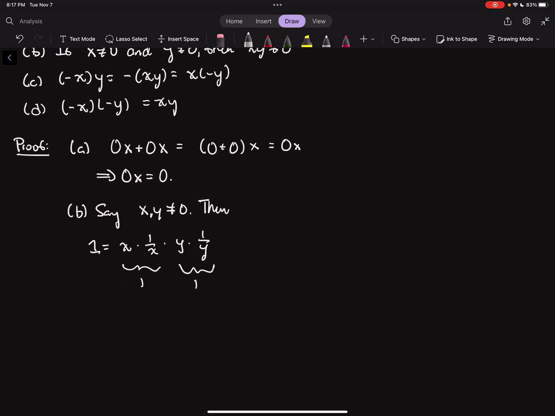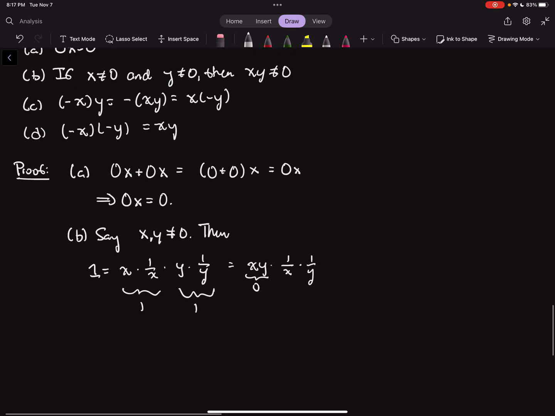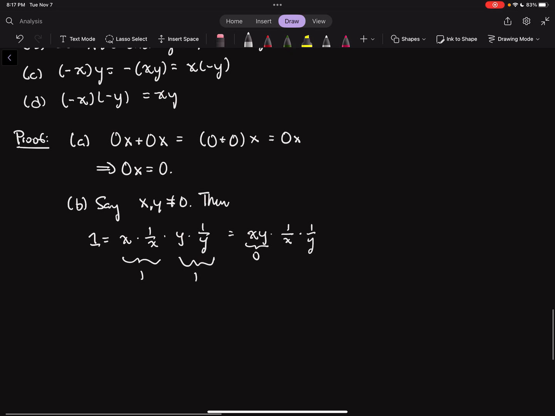But hold up, we can rearrange this and we get xy times 1 over x times 1 over y. Oh, I'm so sorry. I meant to assume for the sake of contradiction that xy is 0.